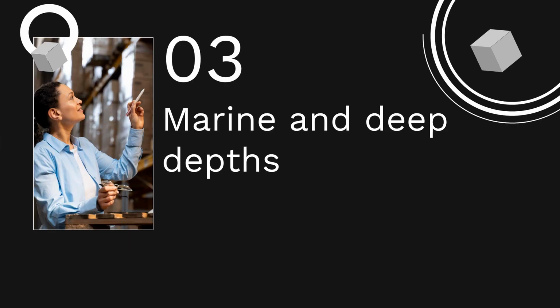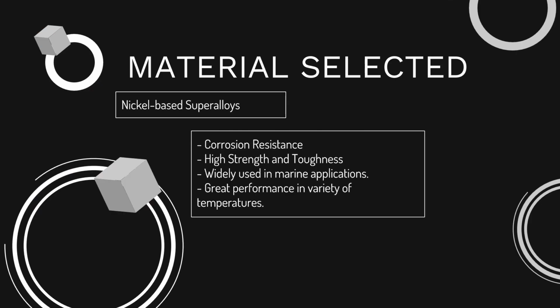Okay, so now the third process is a process for marine and deep depths. In this case, I was also going to choose the titanium aluminide, but in order to not repeat myself, I decided to use a nickel-based superalloy. This superalloy is highly resistant to corrosion, which is the main property we need to have in this case.